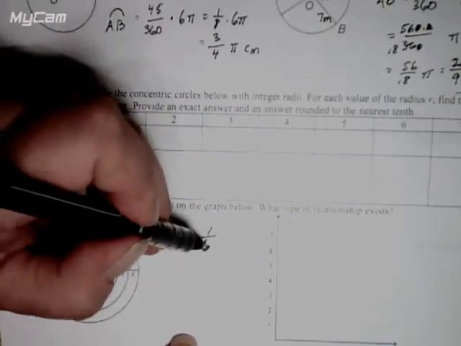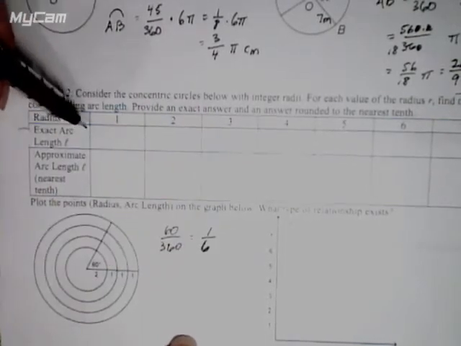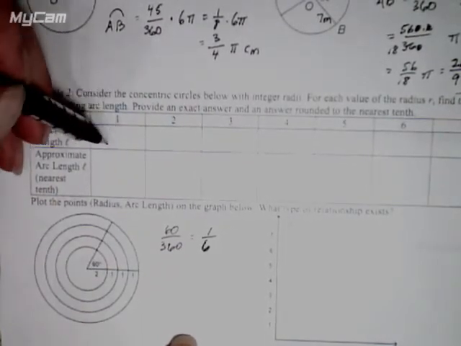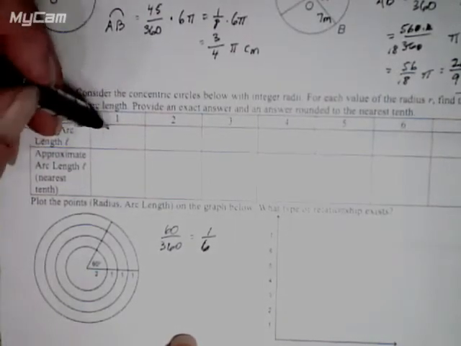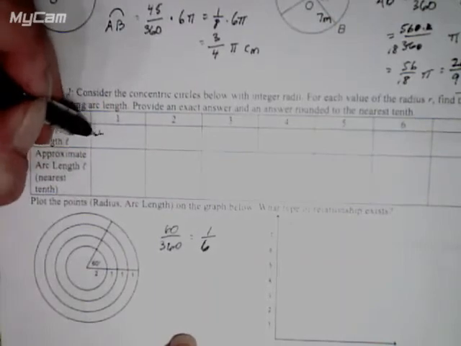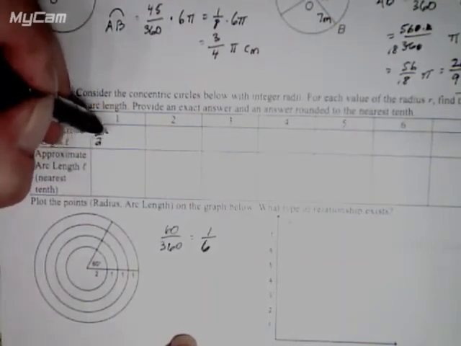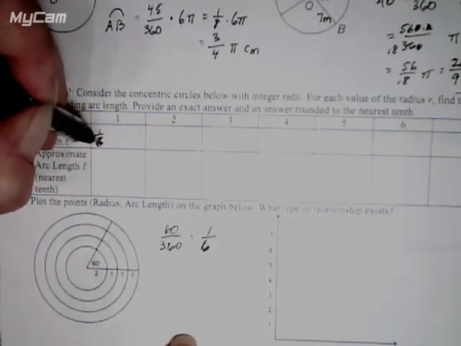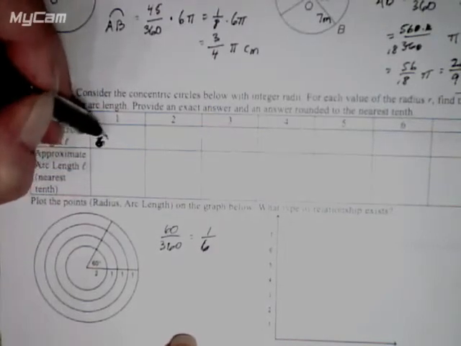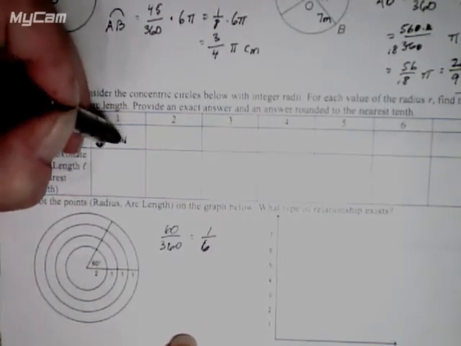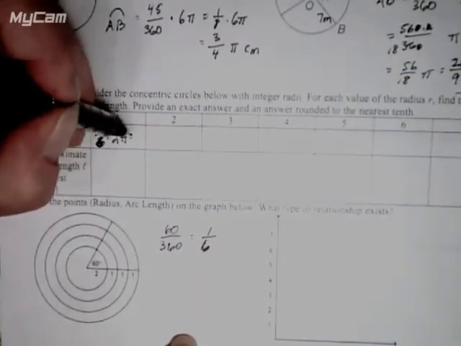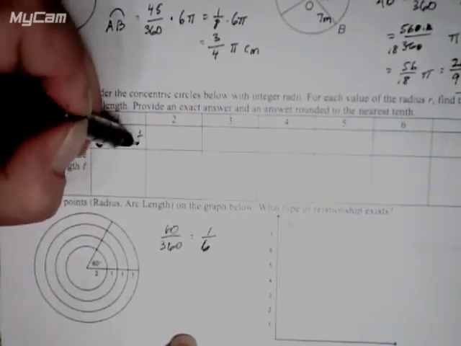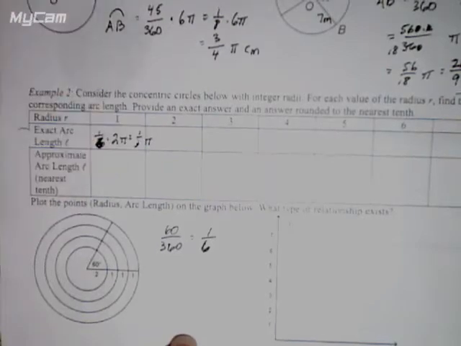That's the thing you're going to see me using up here. I'm going to do one for this circle that is not pictured first. Exact arc length will be 1/2, or sorry, 1/6, times 2 pi, and then times 1, but we don't need to show that, so 1/3 pi.